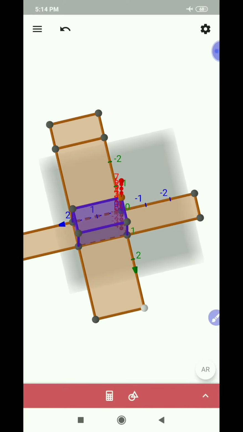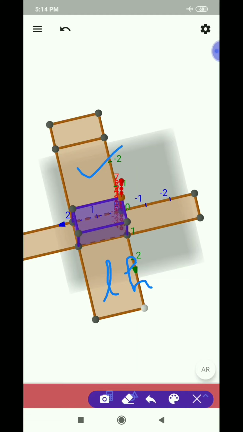So we can say its area is L into H. Its opposite is also the same, L into H. So we have two same areas. They are 2 into L into H.